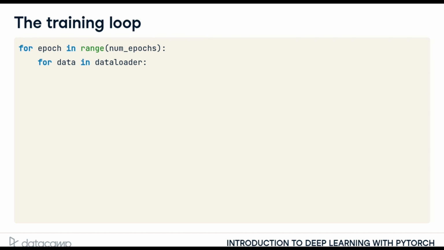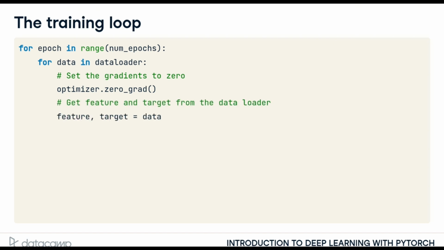Each iteration of the DataLoader provides a batch of samples, which we saw earlier. Before the forward pass, we set the gradients to 0 using optimizer.zero_grad(), because the optimizer stores gradients from previous steps by default. We get features and targets from each sample of the DataLoader.